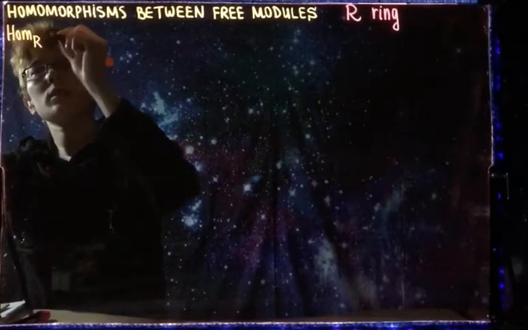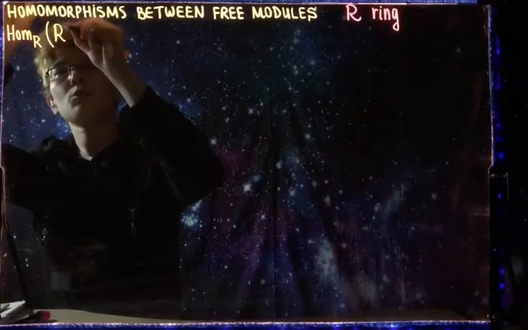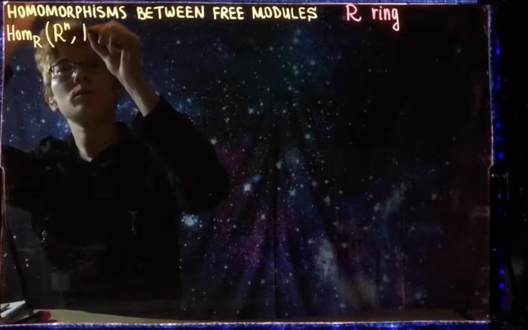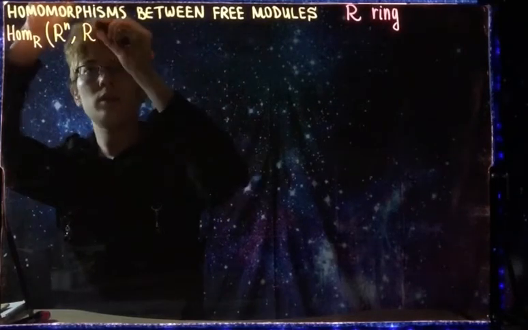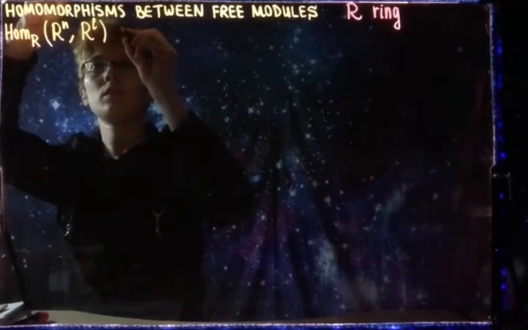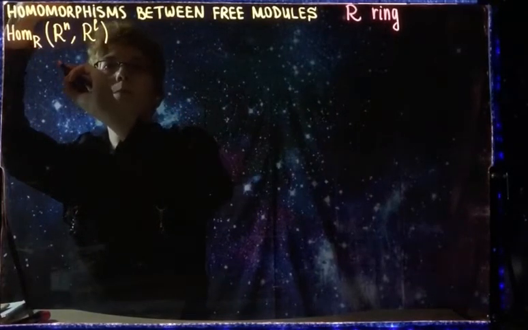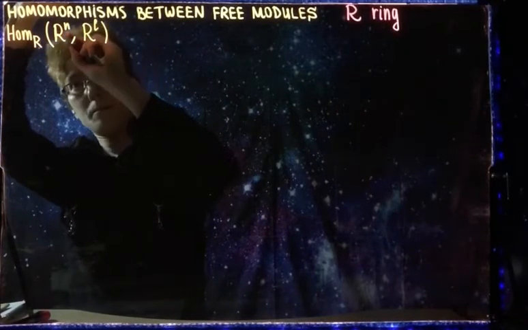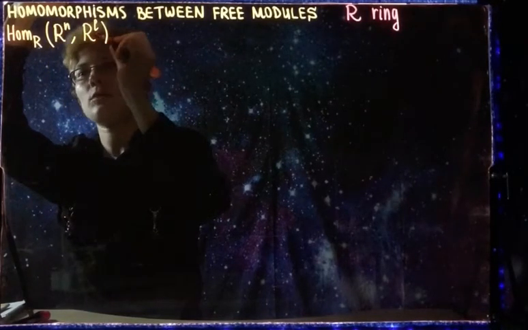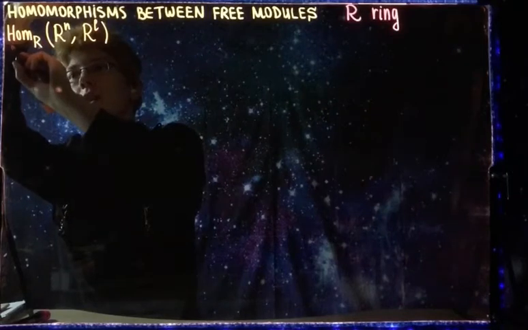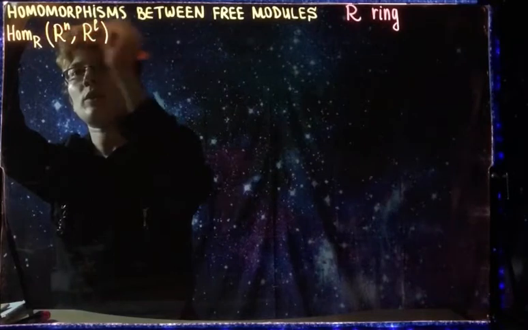So let's say that we have the group of homomorphisms between two free modules, R^n and R^l. Then you are showing in your p-set that we can take finite direct sums out of this Hom_R notation.